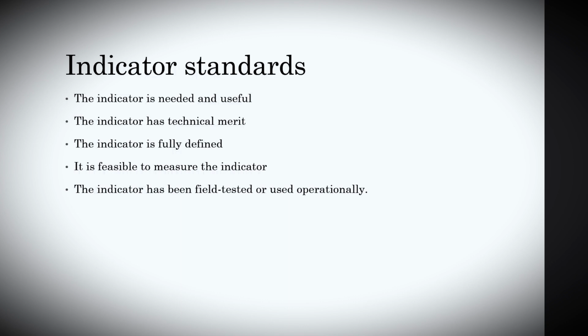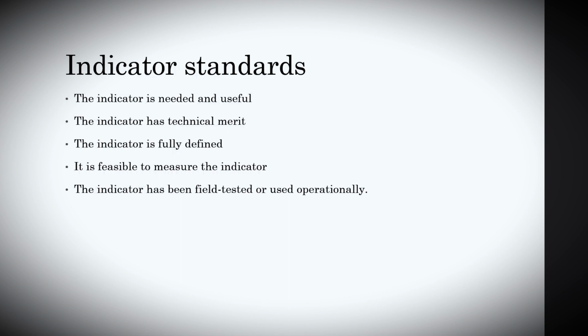Your indicator must be fully defined. It must have the title, purpose, the ones we discussed before. It must have data collection method, data collection tools, frequency of data collection, all the components of the indicator. Your indicator must be measurable.